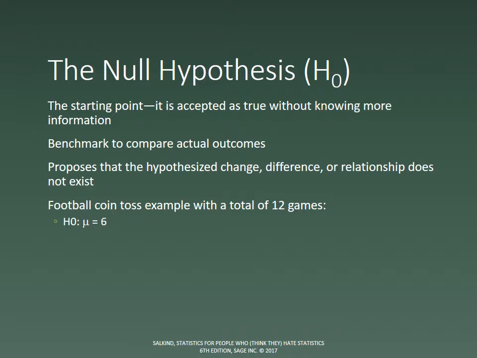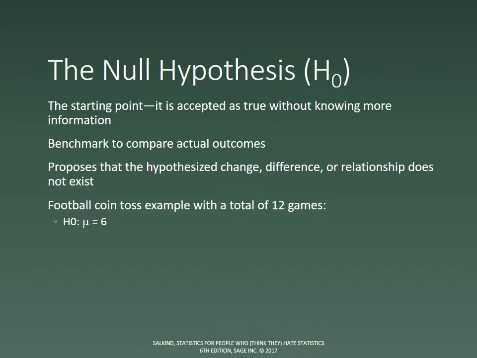The null hypothesis is the starting point. It is what is accepted as true without having more information. At the top, you'll see that the symbol for a null hypothesis is a capital H with a subscript zero.